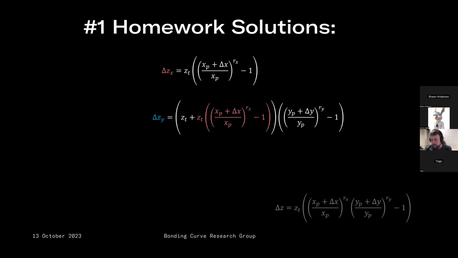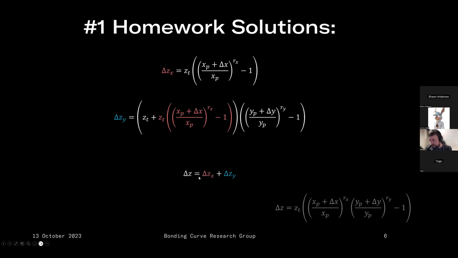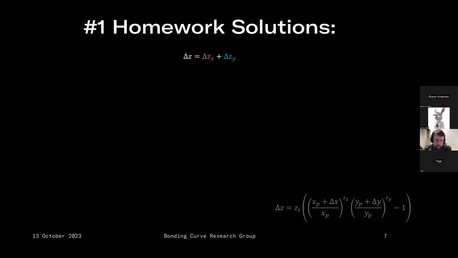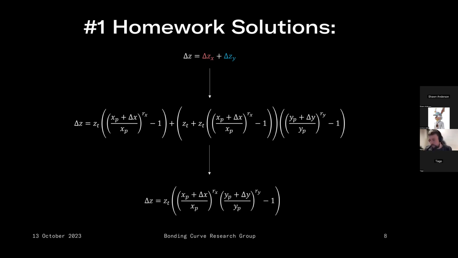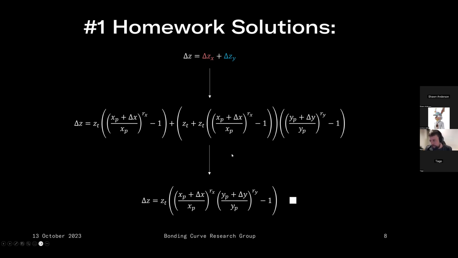Then we recognize that the total number of liquidity pool tokens issued is going to be the sum of these two expressions. Subbing delta Z sub X and delta Z sub Y for their expressions, and then expanding this out and simplifying, will give you the result. Again, I'm skipping some tedious steps here, but there's a fairly fast method that Curious found that I thought was pretty good.